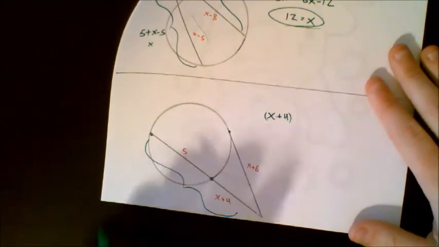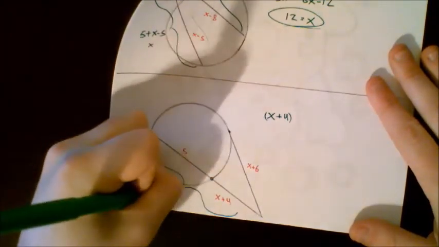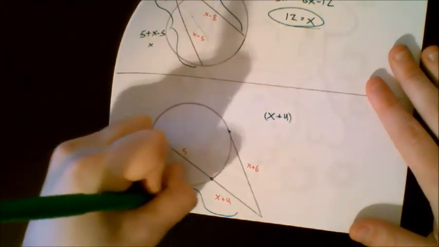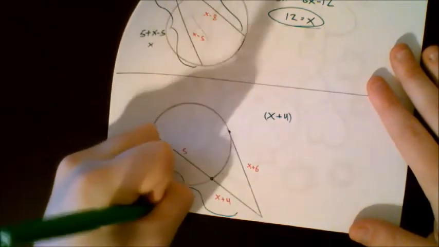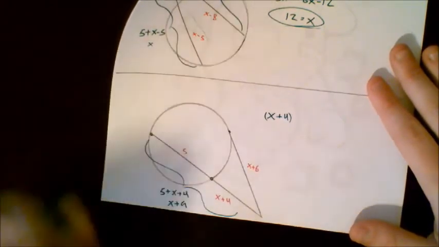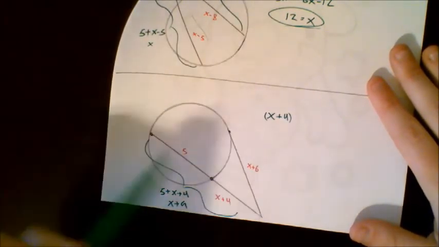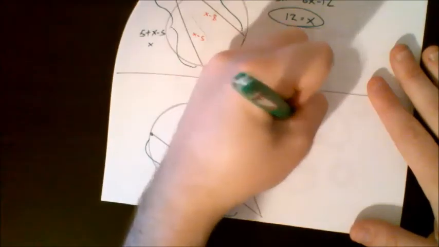So we add those two together, 5 plus x plus 4, which simplifies down to x plus 9. So we have x plus 4 times x plus 9.